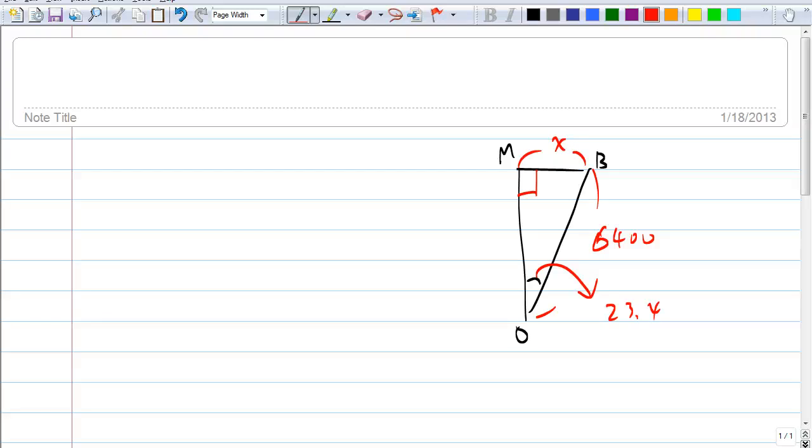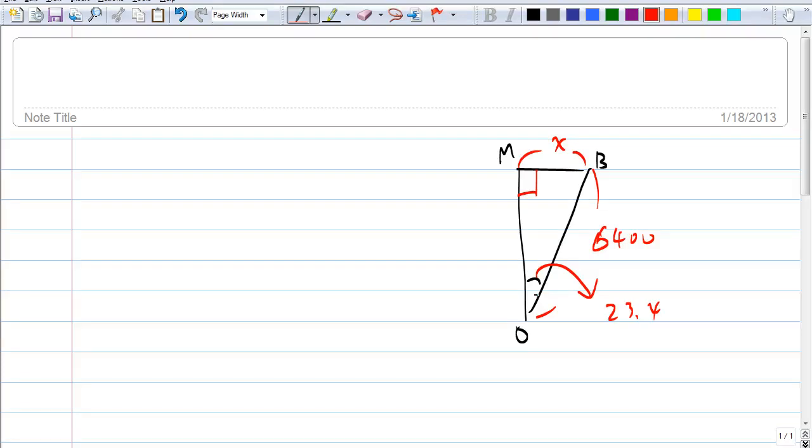So we know that this is the right triangle we get, right, Hannah? We know that this angle right here is 23.4, correct? And we have OB as 6,400 because we know that the radius of the Earth is about 6,400 kilometers. We were looking for X. We needed an equation. Hannah, what kind of equation can I write here? Hint: we have what kind of triangle here? A right triangle, and we know the opposite and the hypotenuse, and we know the angle measure.